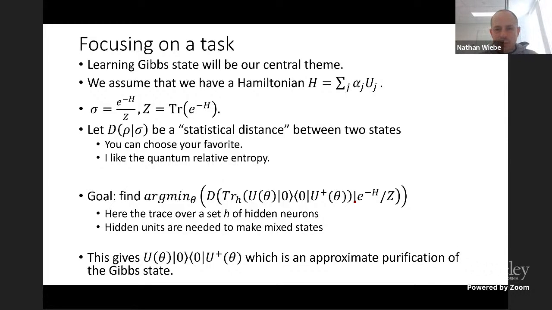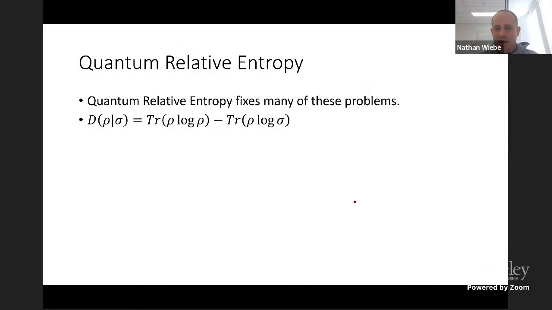And there's good reason why I ended up picking a Gibbs state in particular, which we'll see in a moment. But let's talk about my favorite distance measure for this. My favorite distance measure to take a look at the distance between two quantum states is the quantum relative entropy.